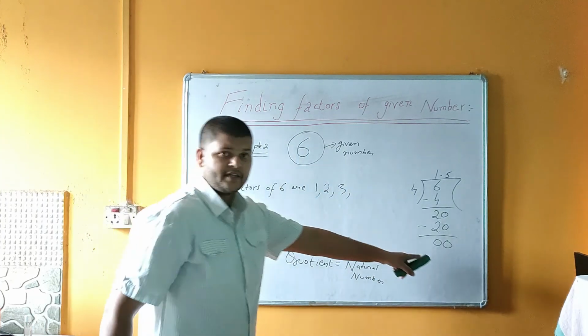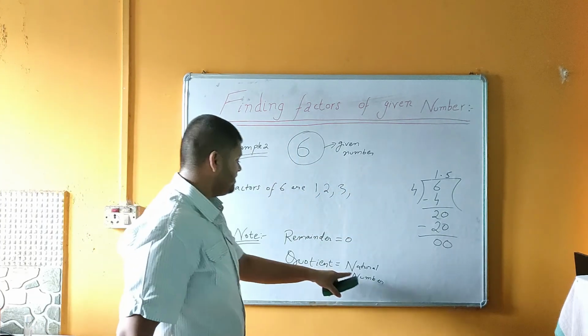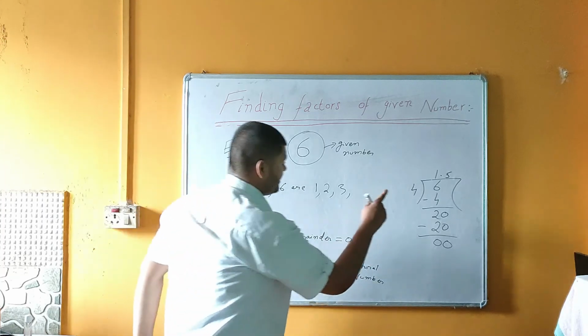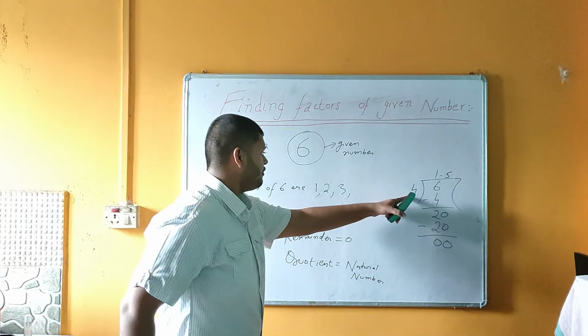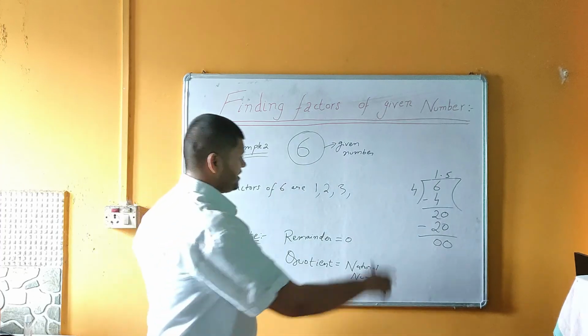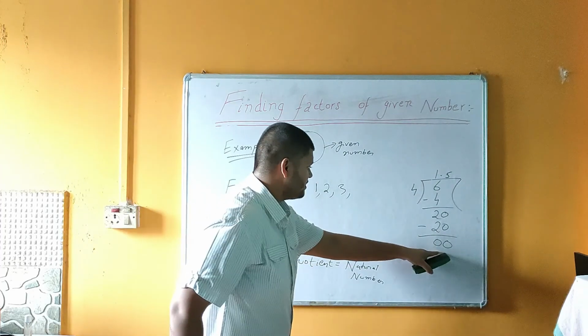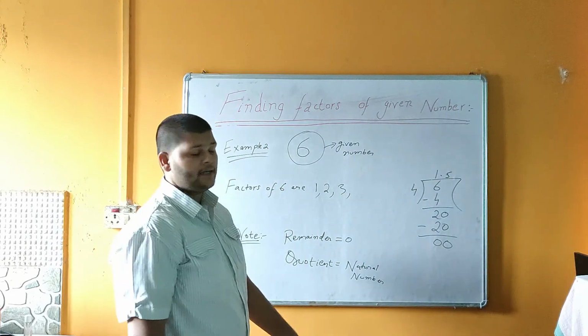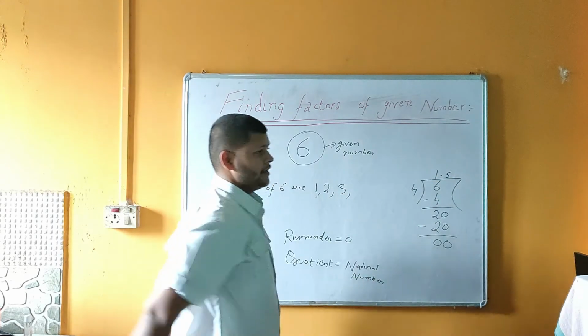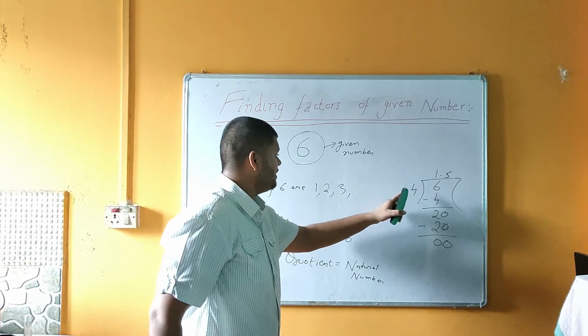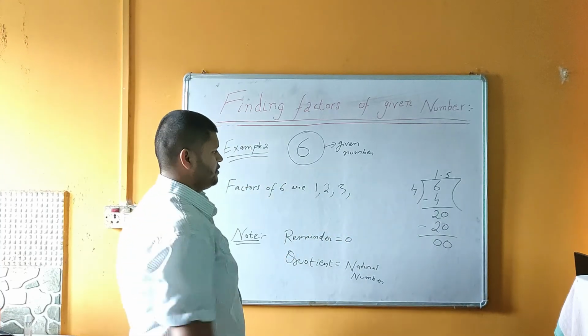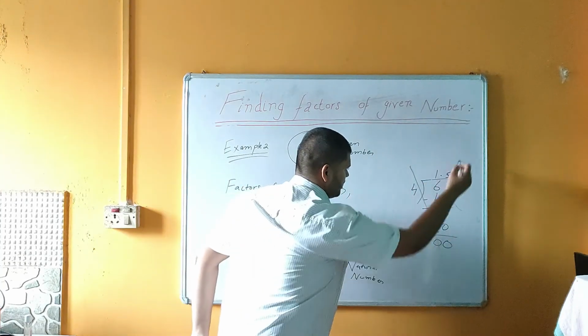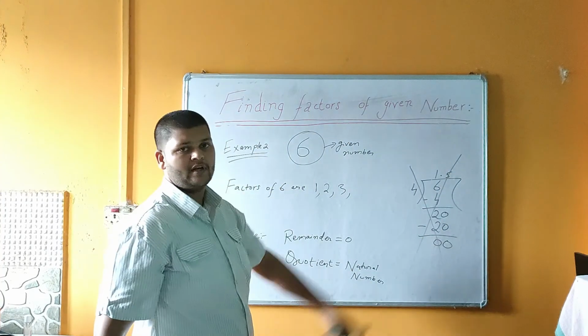If the remainder is 0 and the quotient is a natural number, then only we can conclude this number 4 is a factor of 6. But in this case, the remainder is 0 and the quotient is a decimal value. It should be a natural number. Then only we will conclude this 4 is a factor of 6. So we will discard this because the quotient is not a natural number.